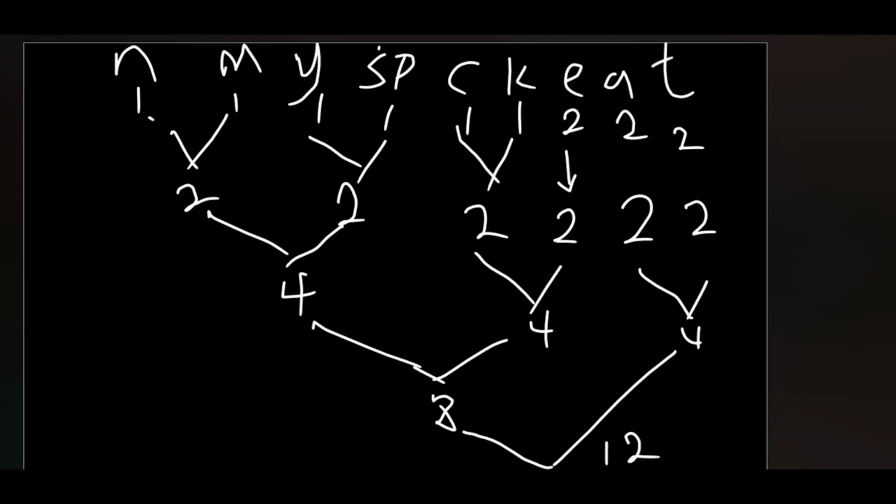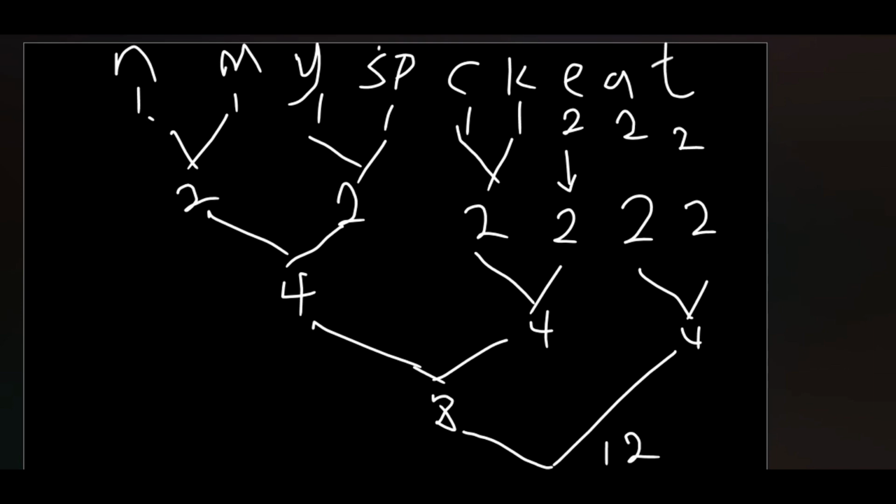So let's redraw it, but in an inverted form. So we are turning the tree upside down. So in turning it, we have 12, which is the last number.